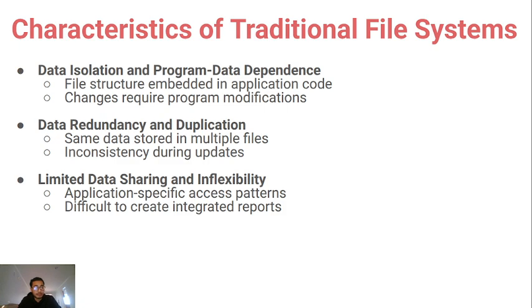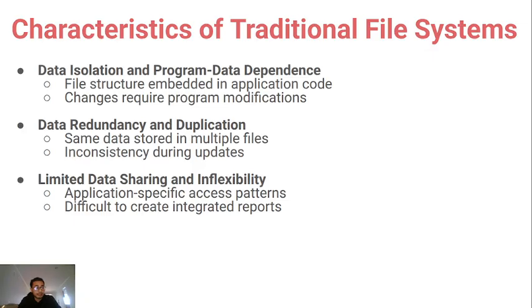For example, if you add a new field to an employee record, all programs that use employee data must be updated. Okay, so the next one is data redundancy and duplication. Because each application keeps its own files, the same information is frequently kept multiple times in distinct files.